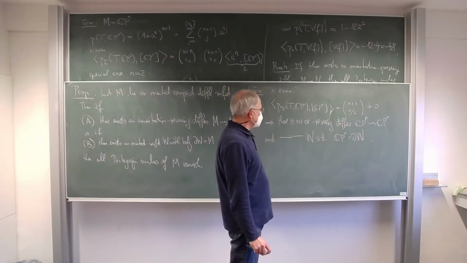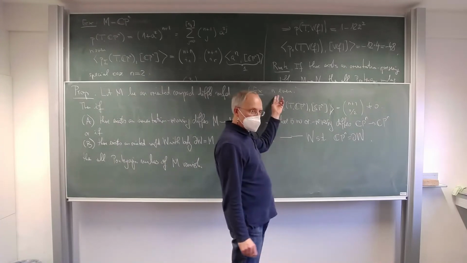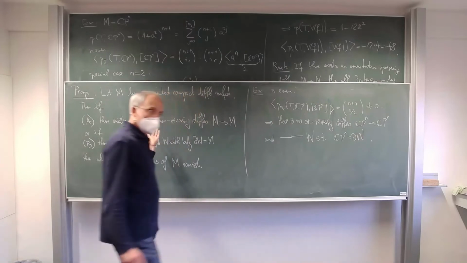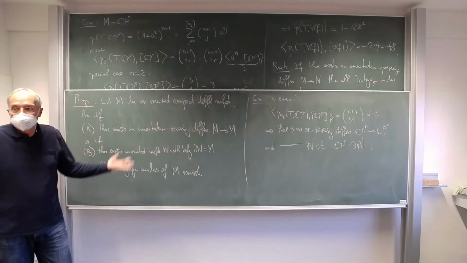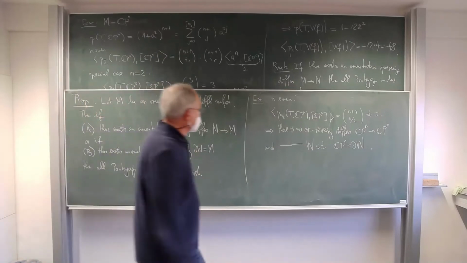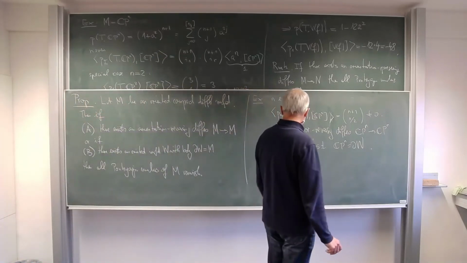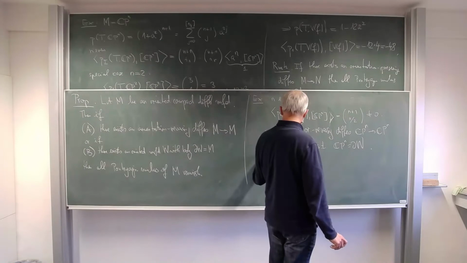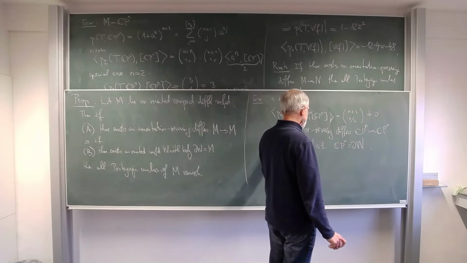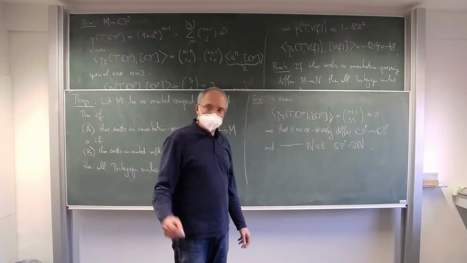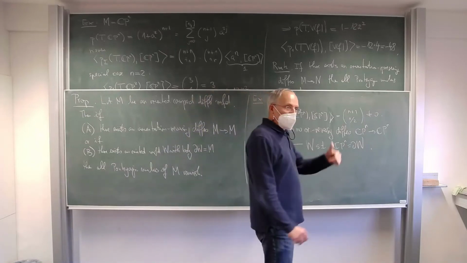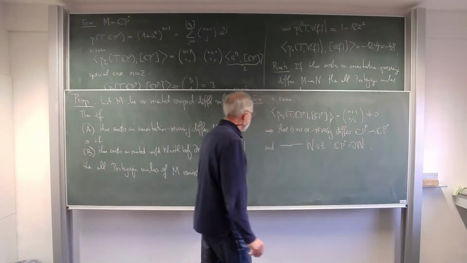Now, how about if n is odd? If n is odd, the proposition doesn't tell me anything, because for odd n, all Pontryagin numbers are zero. So I don't know. So what would we think? For example, is there an orientation reversing diffeomorphism? Well, let's look at the simplest case that comes to our minds, namely n equals 1.